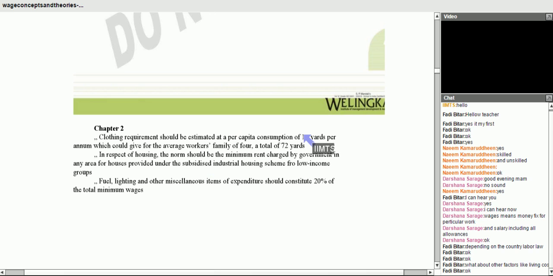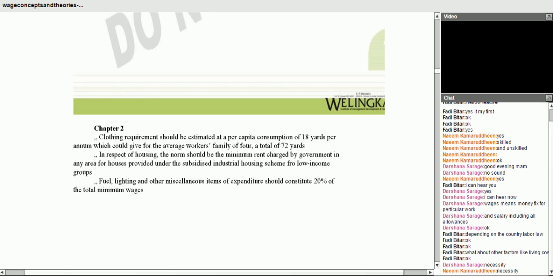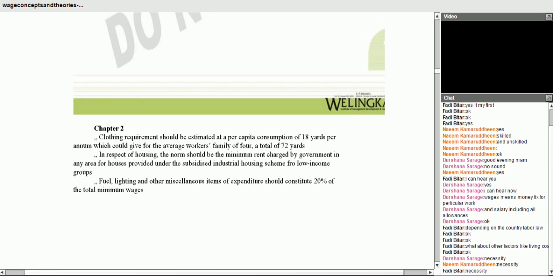And it varies from country to country. For a country like the US, is a mobile phone a necessity or a luxury? Necessity, yeah.